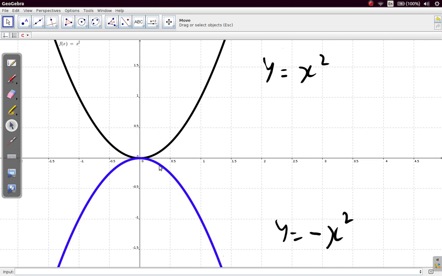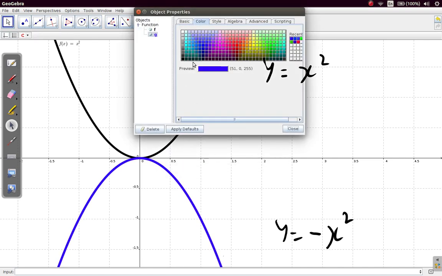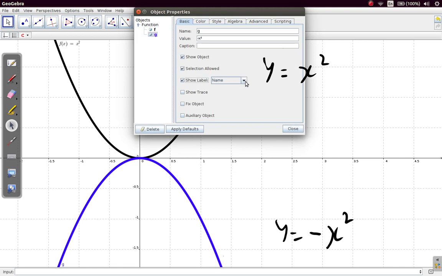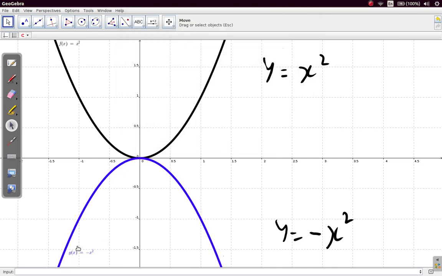Alright, I also want to see the equation of the graph, so let me make that shown. Good. It calls it g of x equals -x squared. This up here is f of x equals x squared. This down here is g of x equals -x squared.